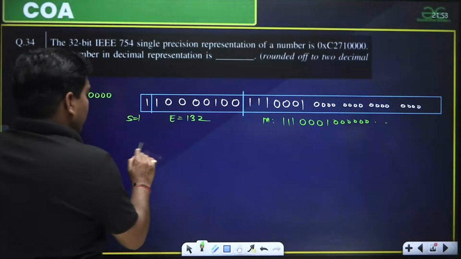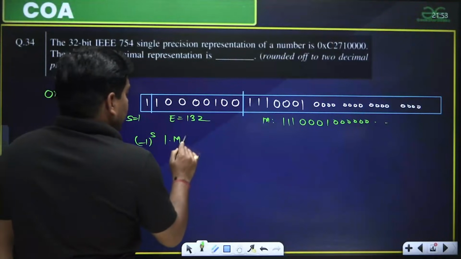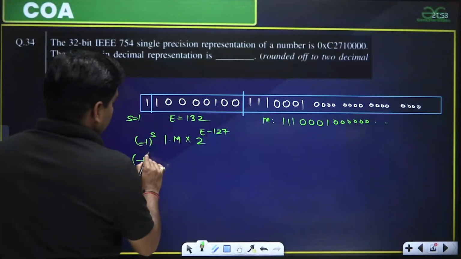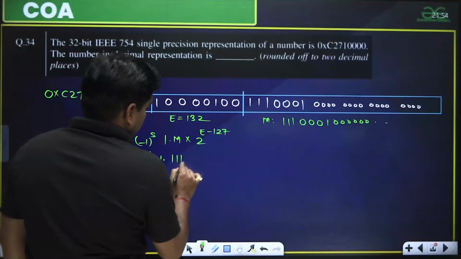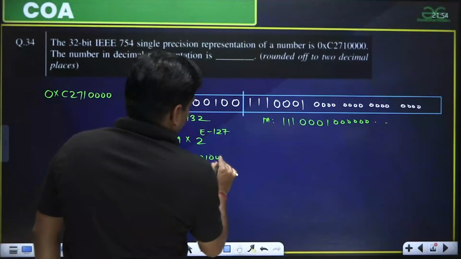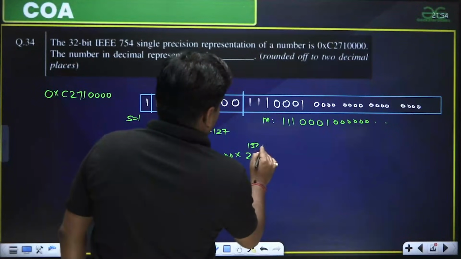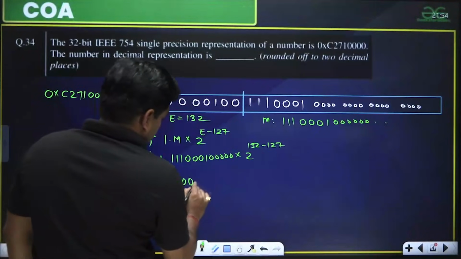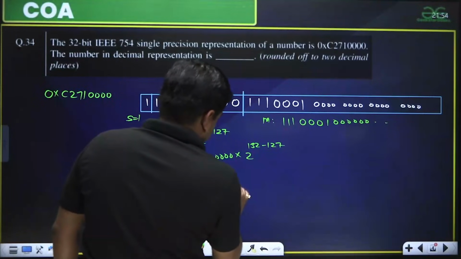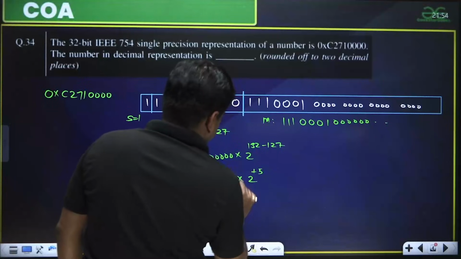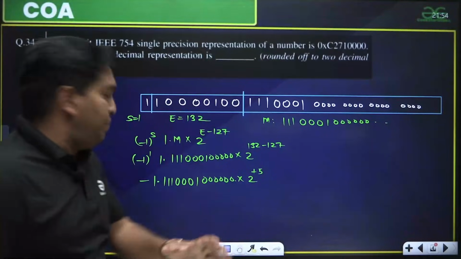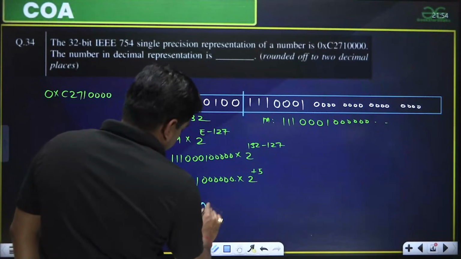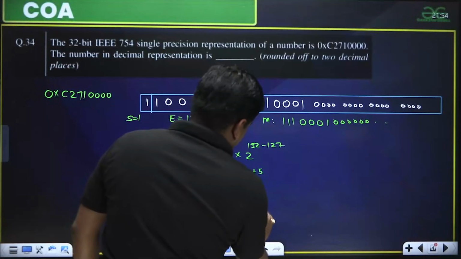So what is the value formula? You know already: minus 1 power S, 1 dot Mantissa into 2 power E minus bias. Bias is 127. Minus 1 power 1, 1 dot 11100001000 into 2 power 132 minus 127. This is negative 1.1110001 into 2 power plus 5. That means we have to shift 5 bits, so 111100.01 into 2 power 0.